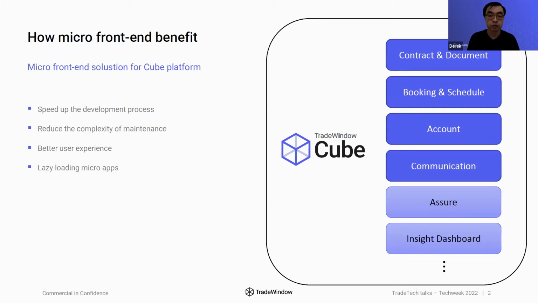So it takes a short time to initialize the application, which is a good experience for the user. Moreover, with this architecture, the micro app can be lazy loaded. Not every user needs to use all the features we have in the Q platform, so we can serve only one micro app for them, and serve the other apps only on demand.